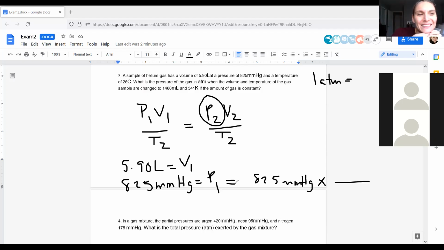One ATM, 760. Got it. 760 millimeters mercury. Perfect. All right. So now we utilize this, and what goes on the top and what goes on the bottom if we're trying to get rid of millimeters of mercury and we want to be in ATM? What would we have to do?